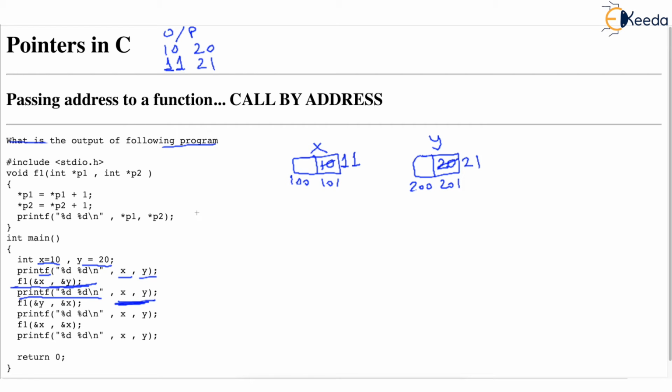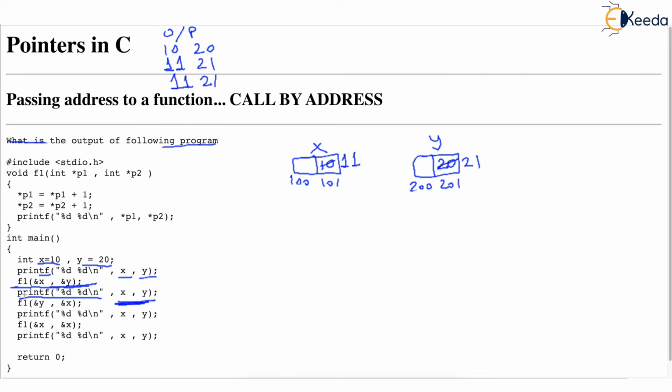But note, x was 10 and y was 20 before the call. But after the call, x and y have changed. Due to these lines, asterisk p1 is asterisk p1 plus 1 and same goes with asterisk p2. So the third output we will get in main is again 1121. That is the changed values of x and y.